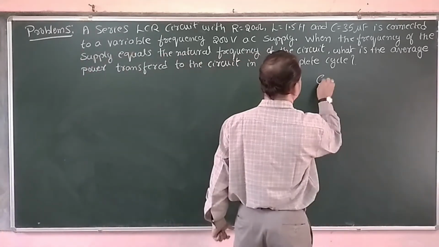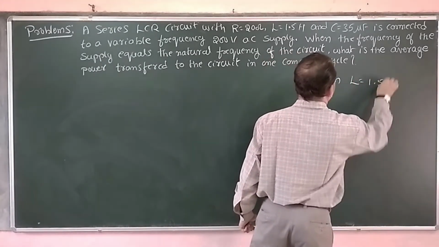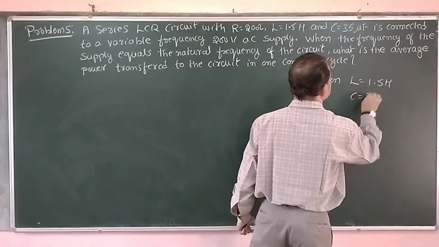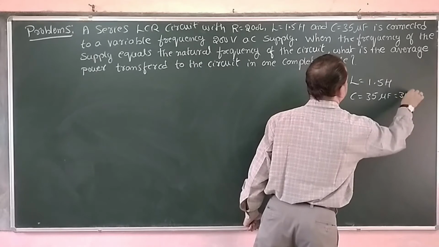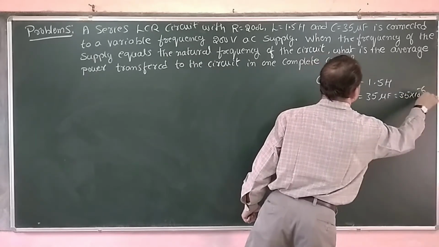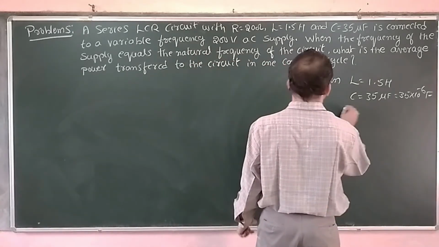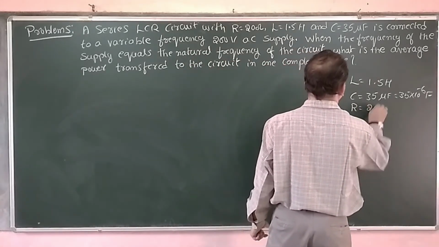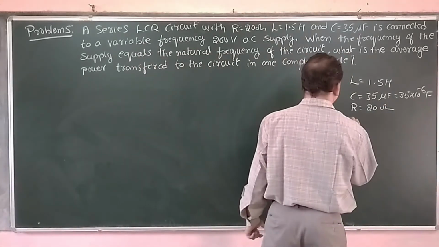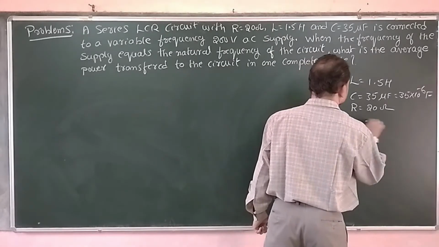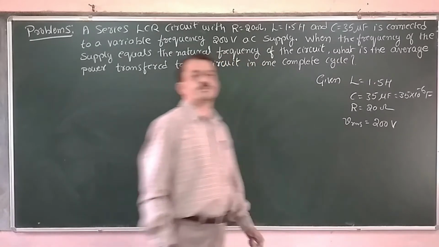So given here, inductor L is 1.5 Henry, capacitor C is equal to 35 microfarad, that is 35 into 10 to the power of minus 6 farad, and resistor is 20 ohm, connected to an AC source of RMS value 200 volts.